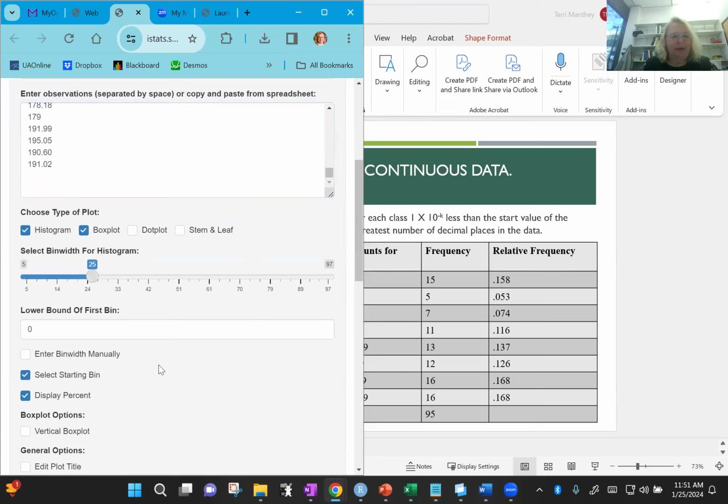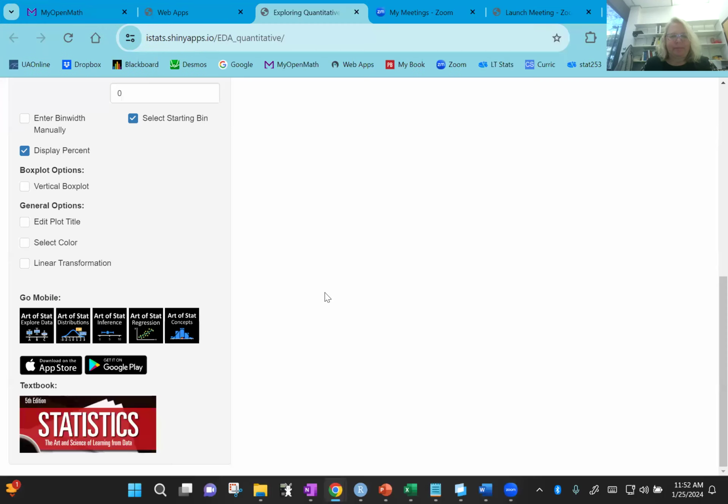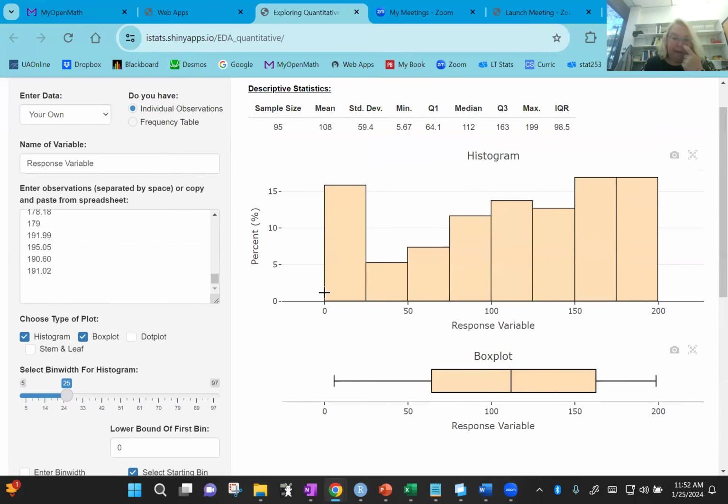I'm using 25. And you can see that these relative frequencies are the same as what I have here. And so this one is 0 up to, but not including 25.